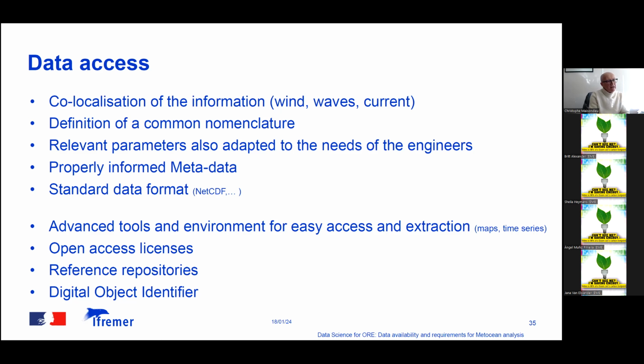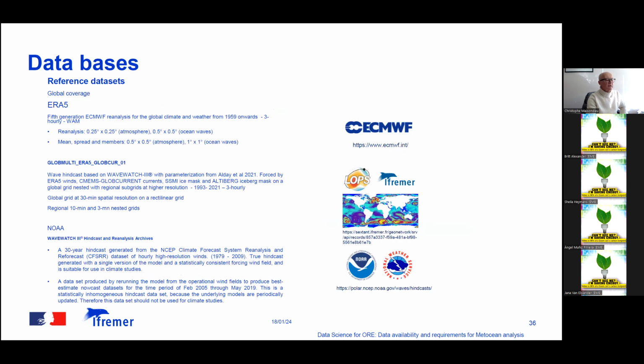extraction. Just a few words about these extraction tools. We need to use some advanced tools that allow for quick and easy extraction of data, whether it is maps or time series. Data should be, of course, as much as possible offered in open access through referenced repositories and be referenced using, for instance, digital object identifiers.